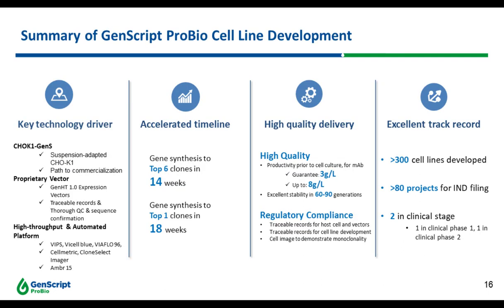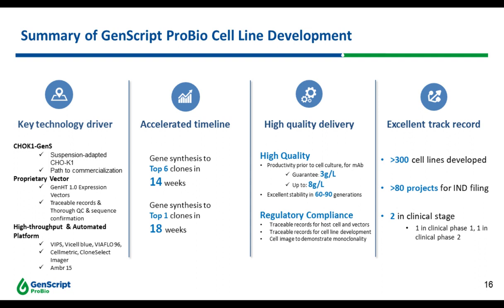So in summary, our GenScript ProBio cell line development is driven by key technology. We're using CHO-K1 cells. They are very clear sourced and ready for commercialization production. We use a proprietary vector and a high throughput automatic platform, VIPS, to produce the clones.